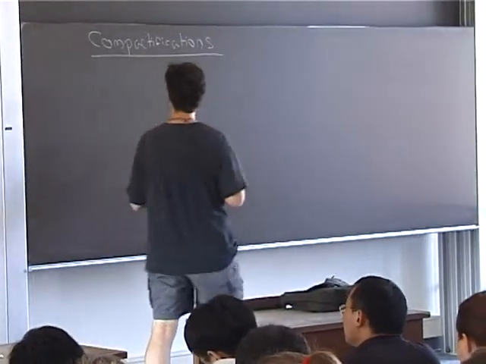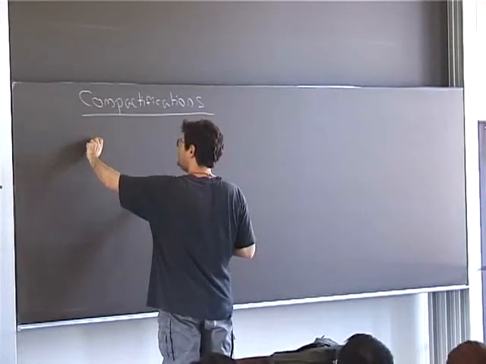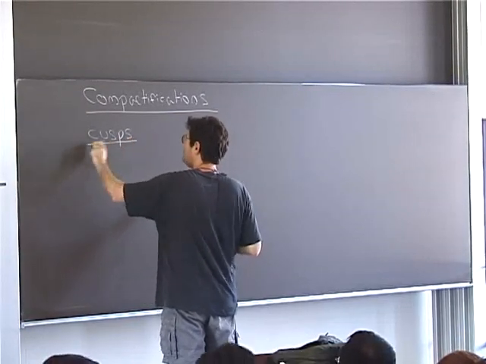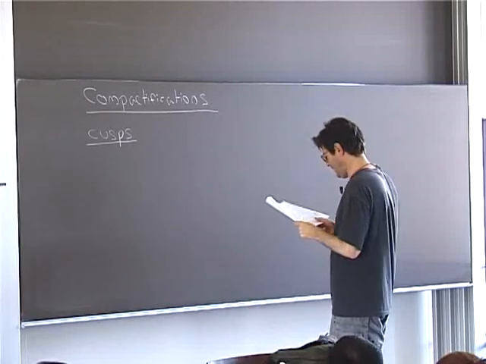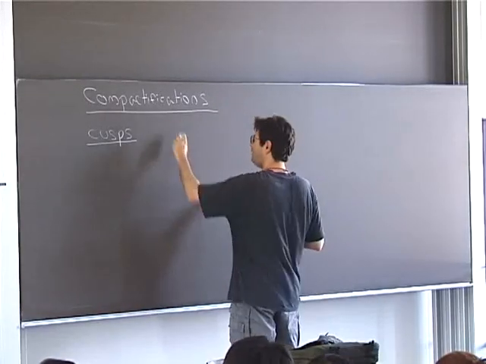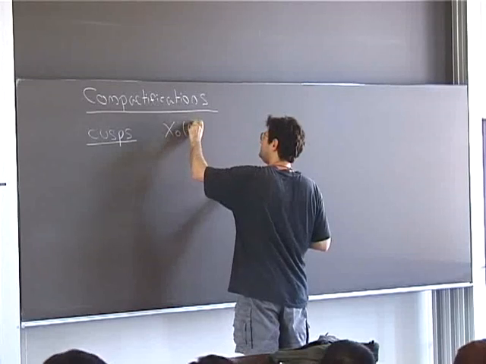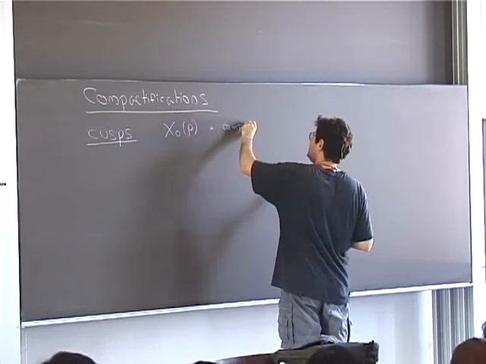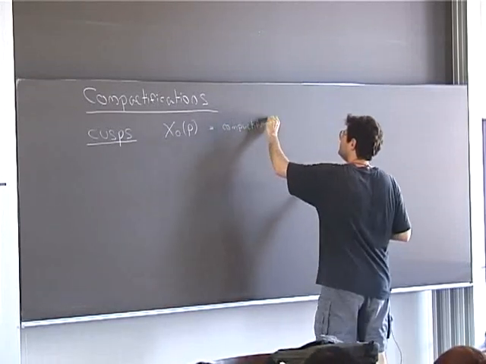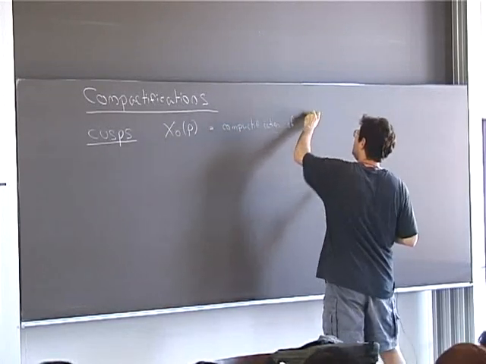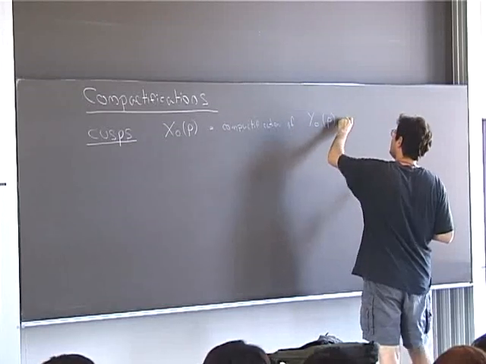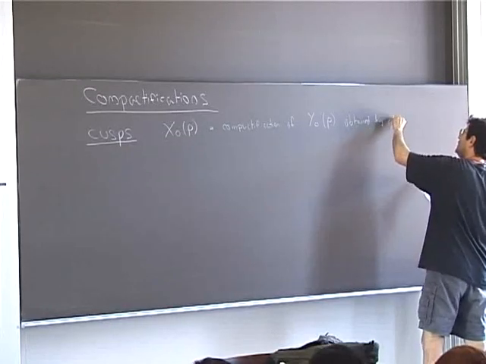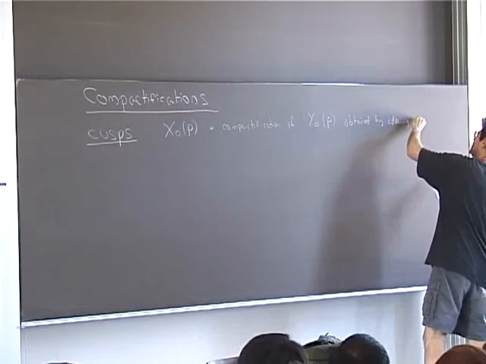Okay, so I want to now discuss some things about compactification. So it's customary to compactify these curves by joining to them a finite set of cusps. And so I'm going to let X_0(p), I only have a use for this one actually, be the compactification of Y_0(p) obtained by adjoining certain cusps.